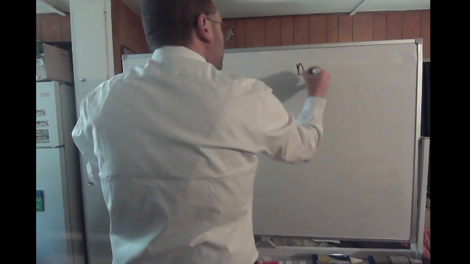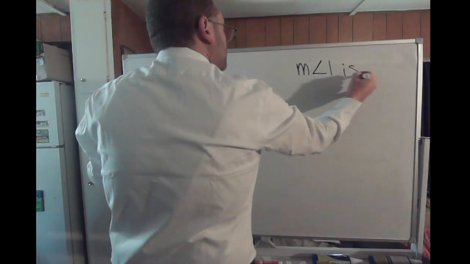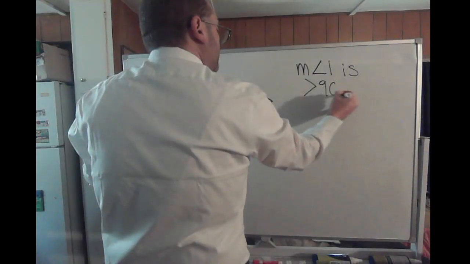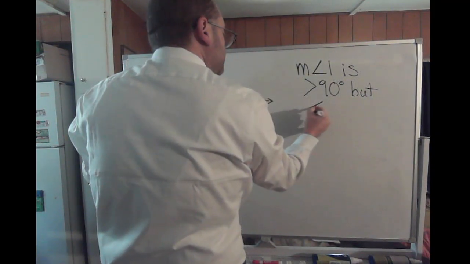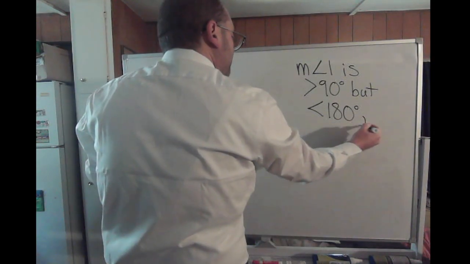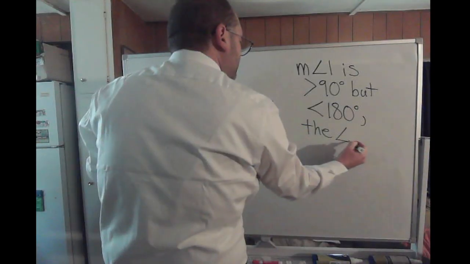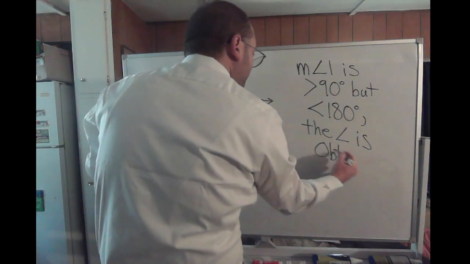So if the measure of the angle is greater than 90 degrees but less than 180 degrees, the angle is obtuse.